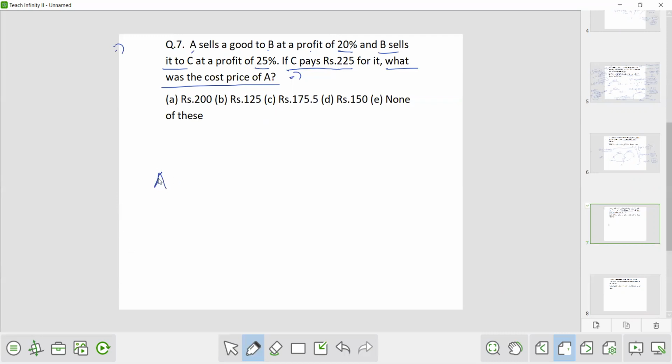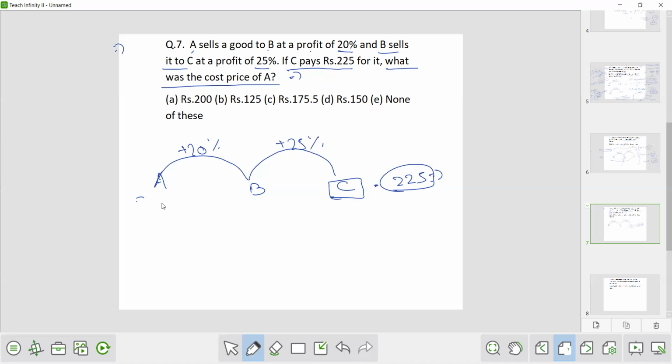Here A sold to B at a profit of 20% and B sold it to C at a profit of 25%. Now C is paying rupees 225. So what was the cost price of A? We have to find it. So how will we find it?